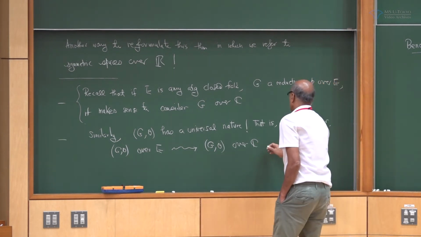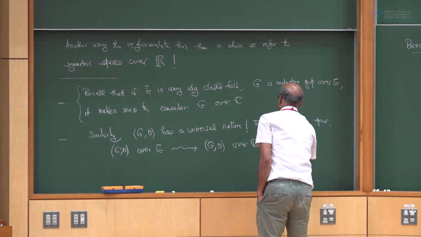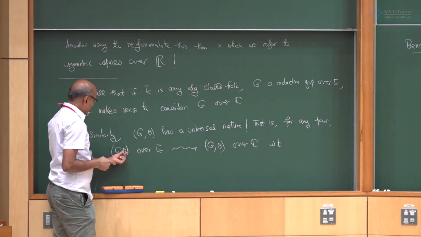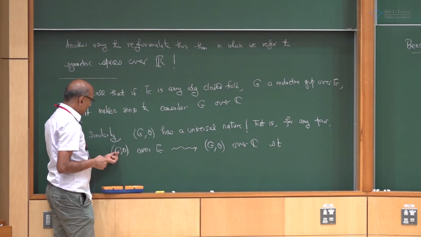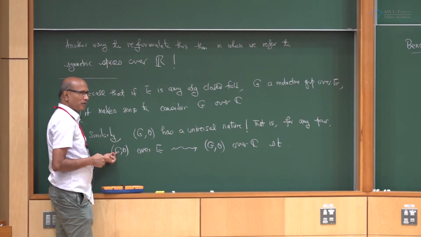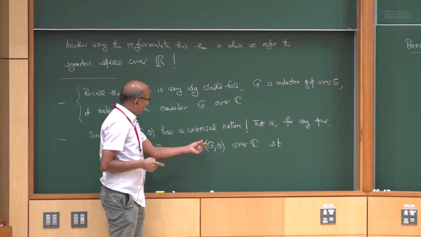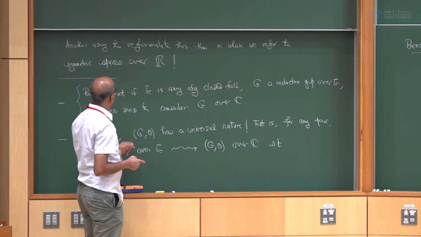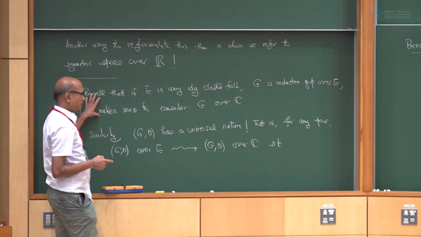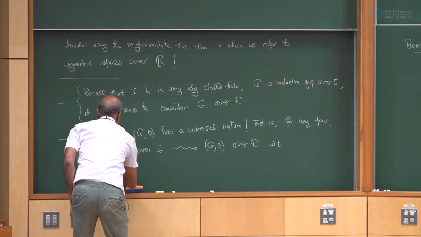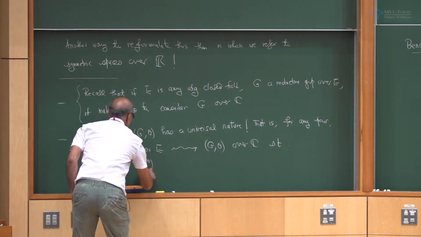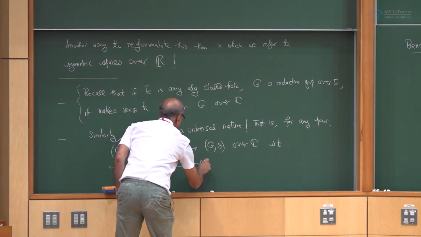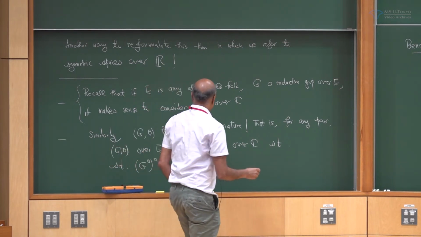And such that the connected component of the fixed point of theta, which is a certain reductive group, and the connected component of the fixed point of theta in G here, those groups correspond by this process, such that G theta naught corresponds to G theta naught.